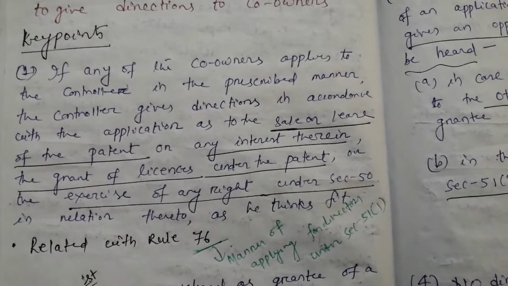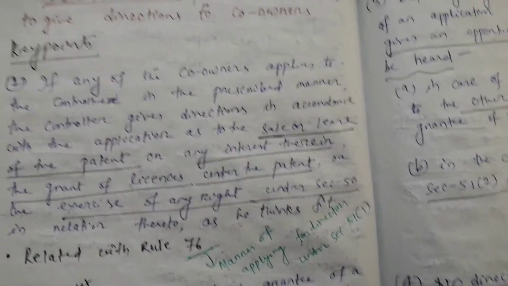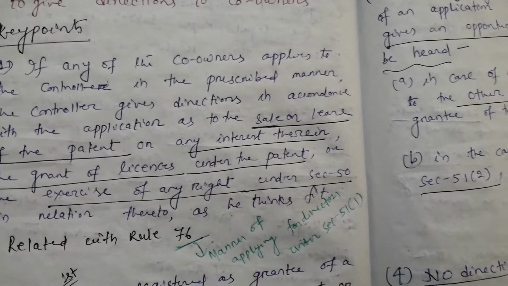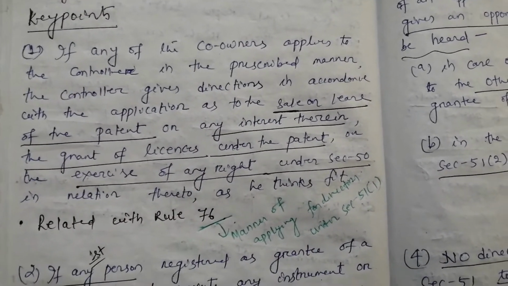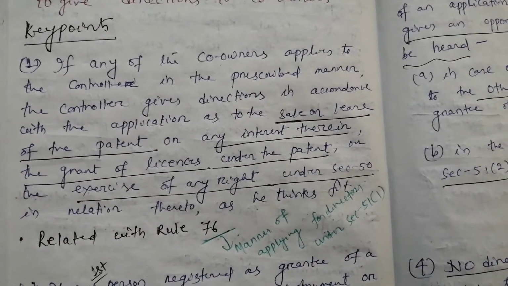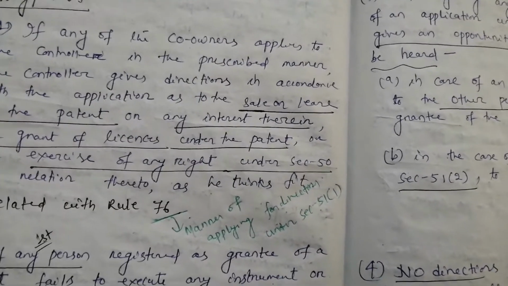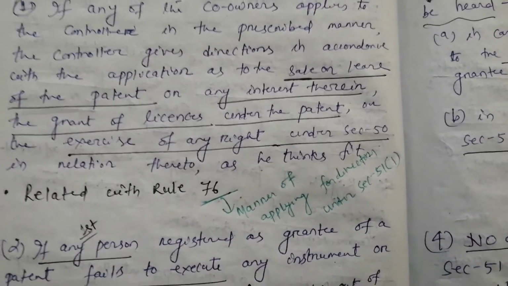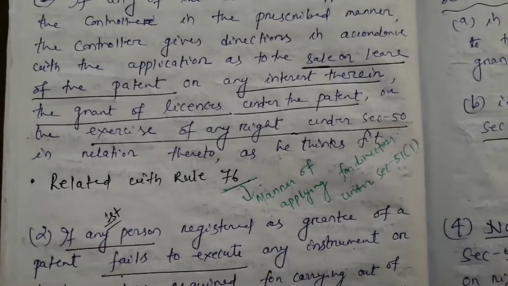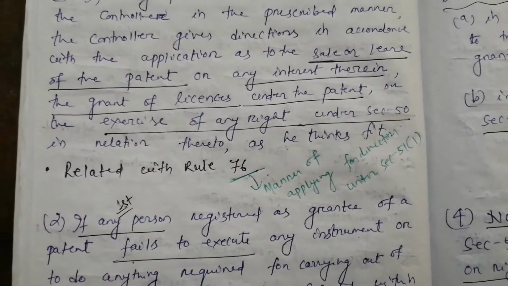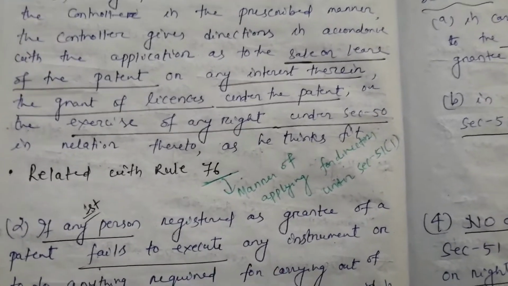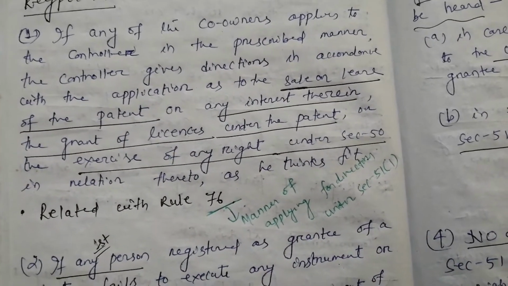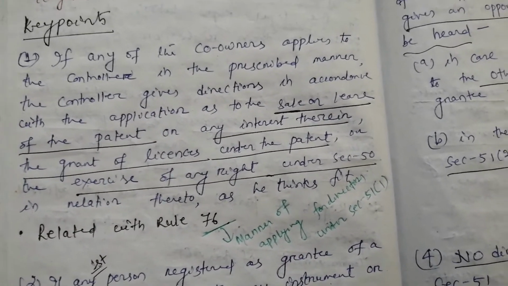Subsection 1 says, if any of the co-owners applies to the controller in the prescribed manner, the controller gives directions in accordance with the application as to the sale or lease of the patent or any interest therein, the grant of licenses under the patent or the exercise of any right under Section 50 in relation thereto as he thinks fit.